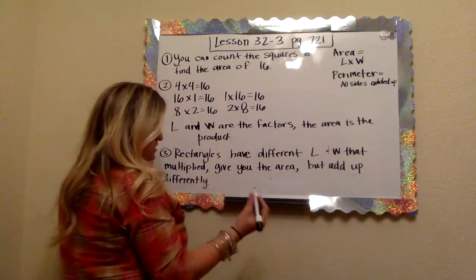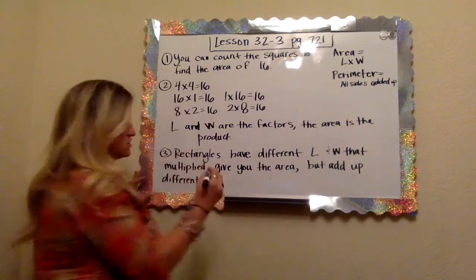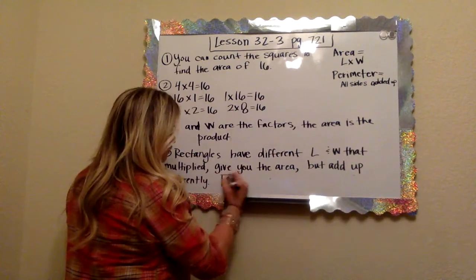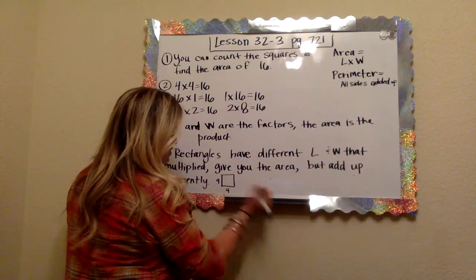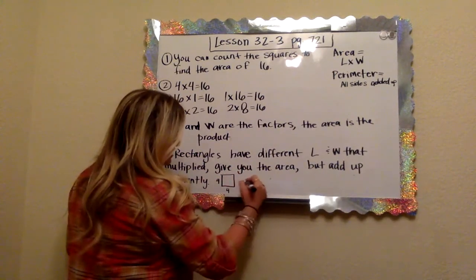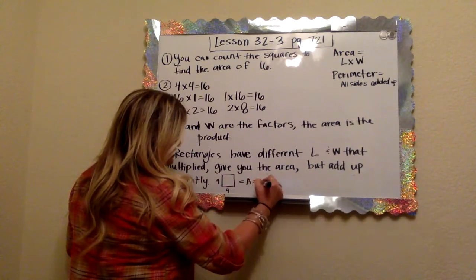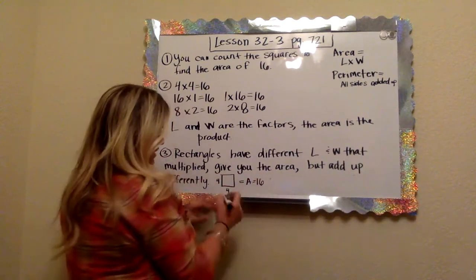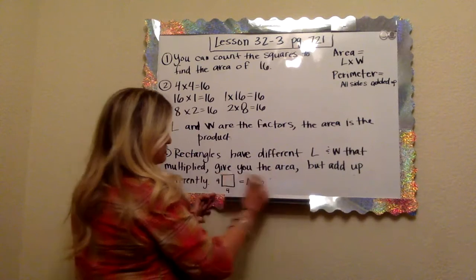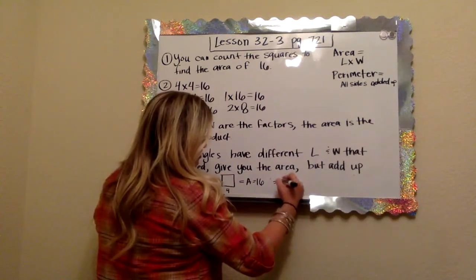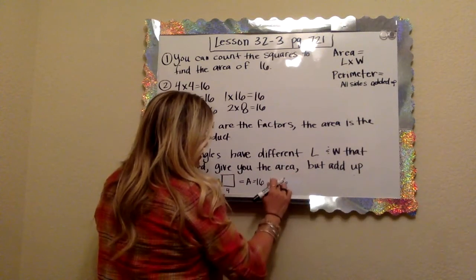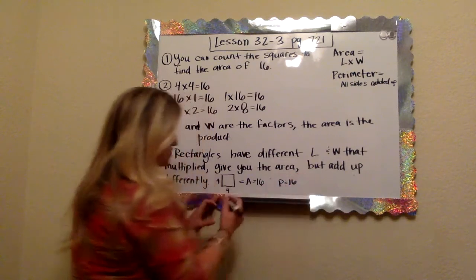I really like that 16 by 1 example. When you did the 4 by 4 and multiplied it, you get the area of 16. But then when you add it up, you do 4 plus 4 plus 4 plus 4, and the perimeter is 16.